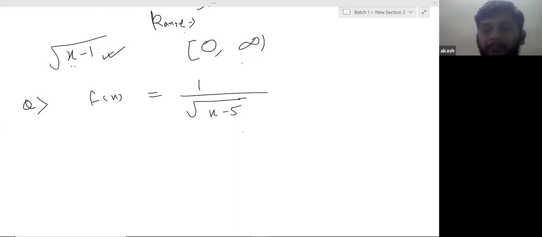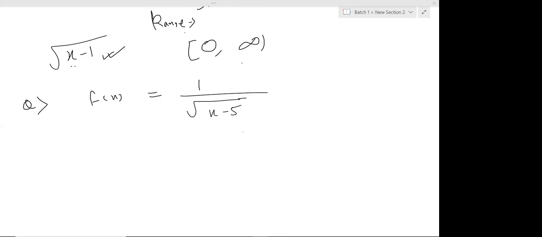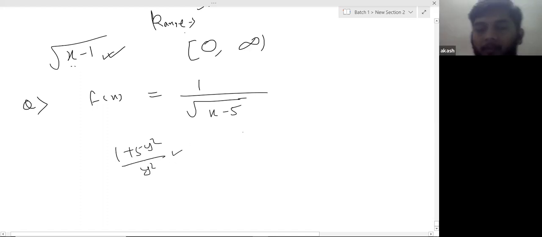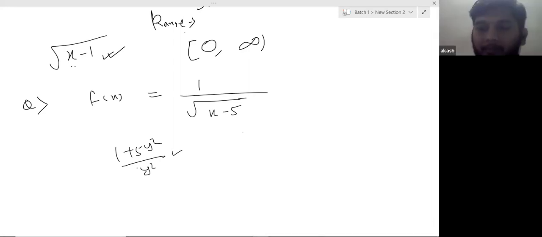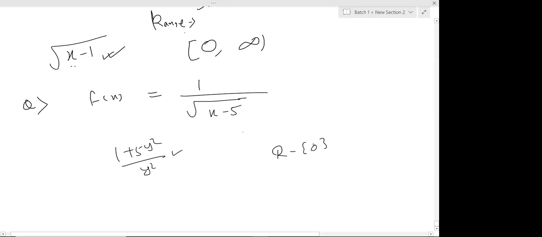Sir, on cross multiplying, I'm getting xy square minus 5y square is equal to 1. So I took the minus 5y square to the other side. So xy square is equal to 1 plus 5y square, and x is equal to 1 plus 5y square by y square. Yeah, all right. So what should be the values of y here? I'm getting y as not 0, because the denominator cannot be 0. So R minus 0.